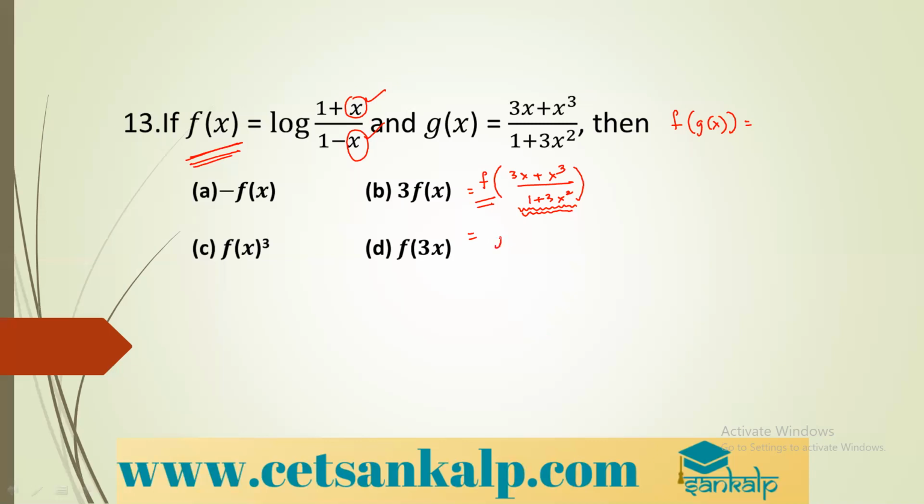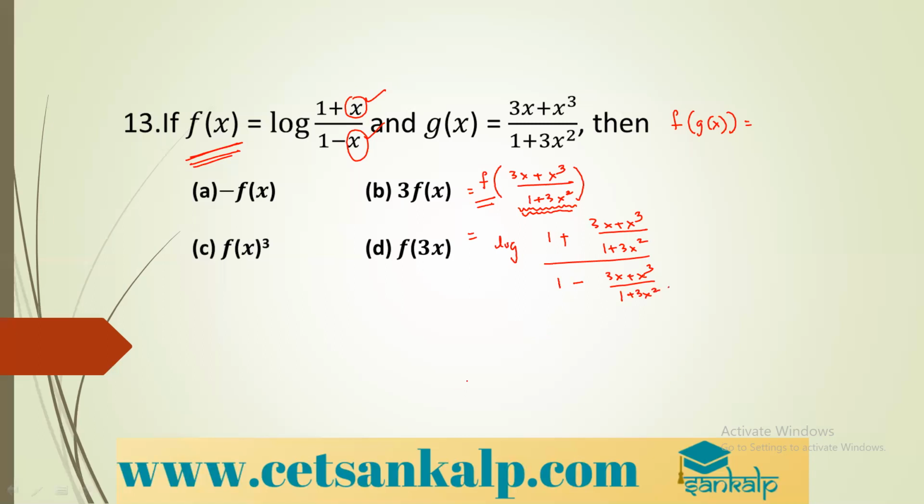So what I will do? Log of 1 plus, in place of x, I will write 3x plus x cube by 1 plus 3x square, by 1 minus, again in place of x, I will write 3x plus x cube by 1 plus 3x square.